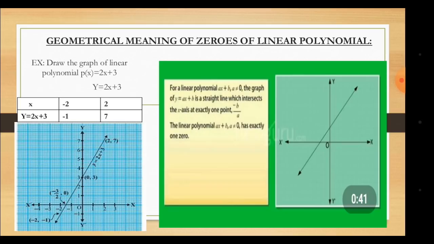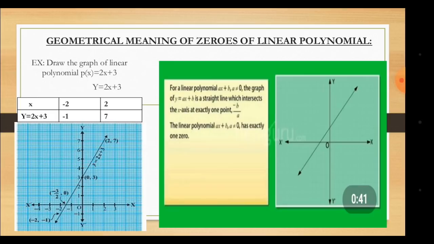Zero of polynomial means x coordinate of the point where the graph intersects the x-axis. I repeat, x coordinate of the point where the graph intersects the x-axis. So here this graph intersects the x-axis at (minus 3 upon 2, 0). Which one is the x coordinate? Minus 3 upon 2. So in this case minus 3 upon 2 is the zero of polynomial.